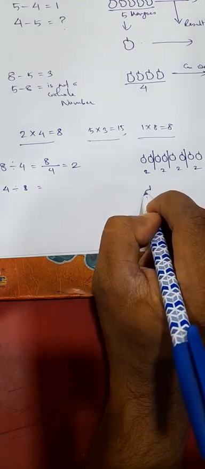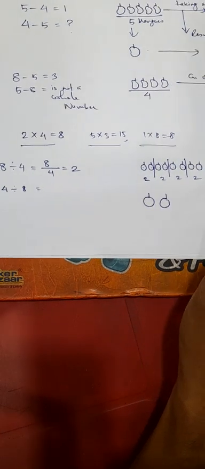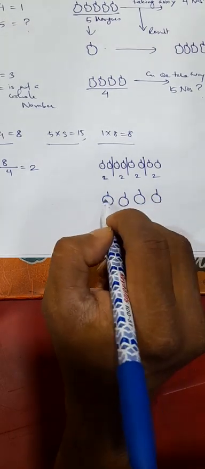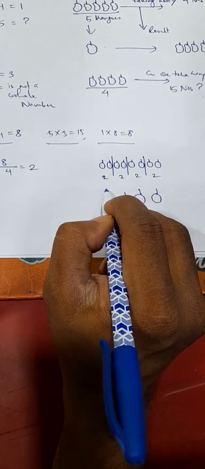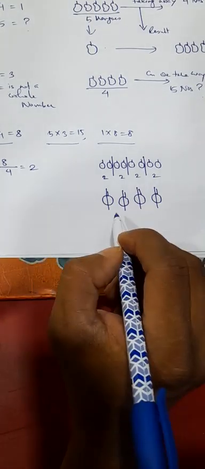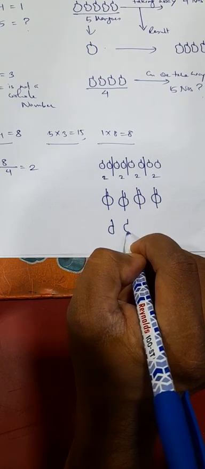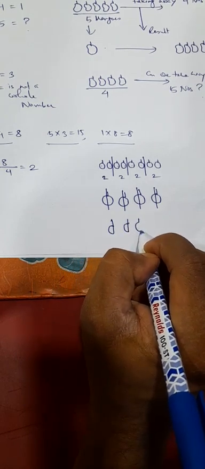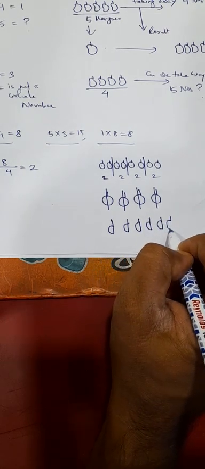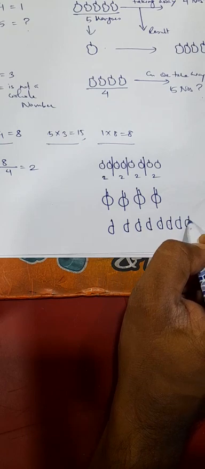Now divide the 4 apples into 8 equal parts. So you cut each in the middle, right? Each part will be like this: 1, 2, 3, 4, 5, 6, 7, 8.